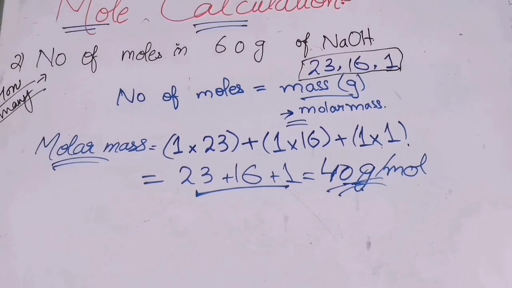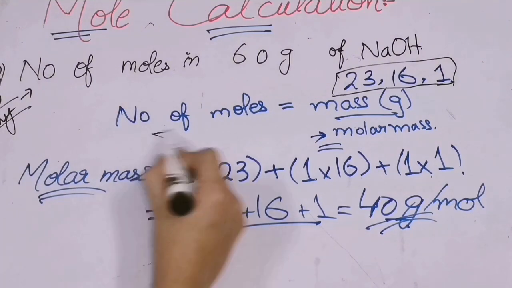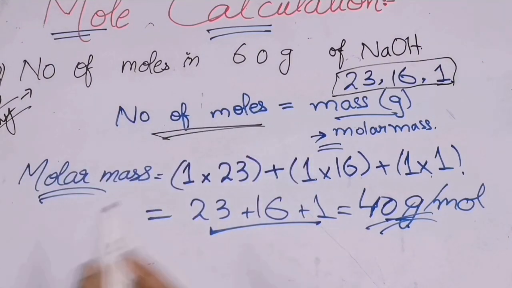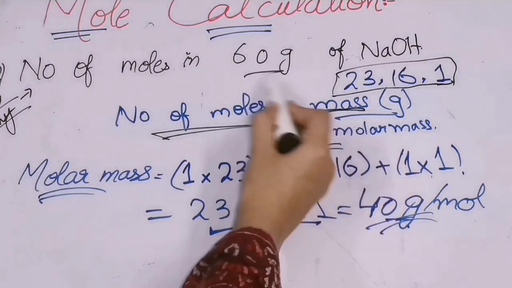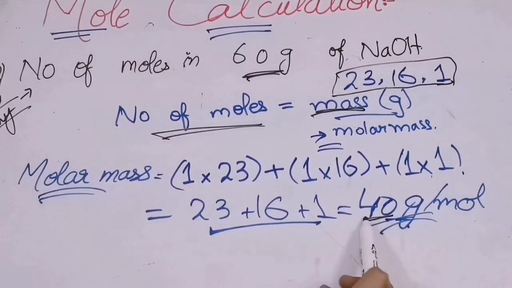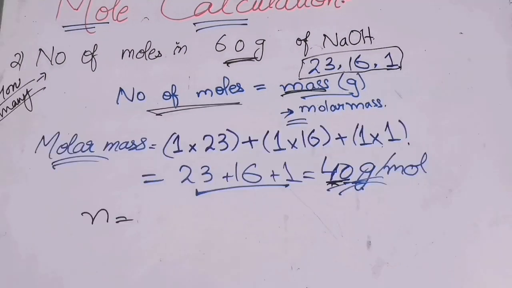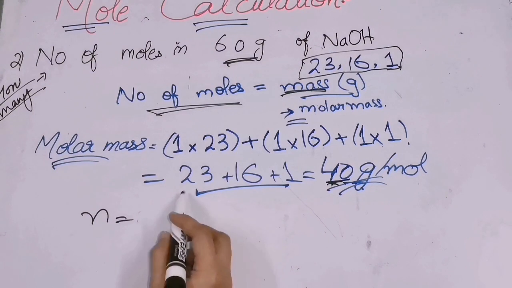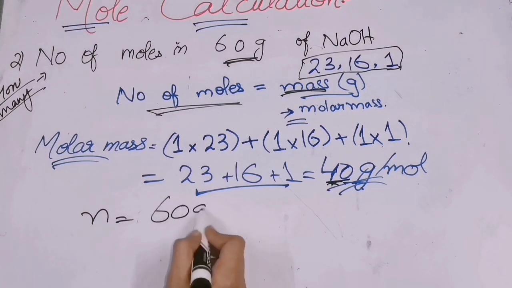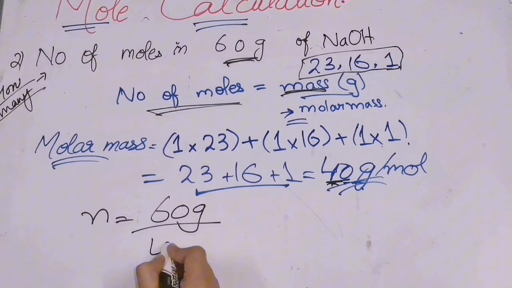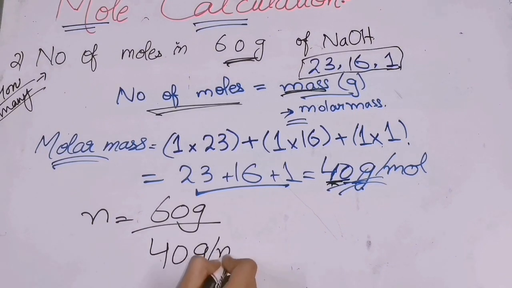Now what we have to find? We have to find the number of moles. Now we have the mass over here. We already calculated the molar mass. Now we will put the values. Number of mole will be equal to mass in gram, which is 60 gram divided by 40 gram per mole.